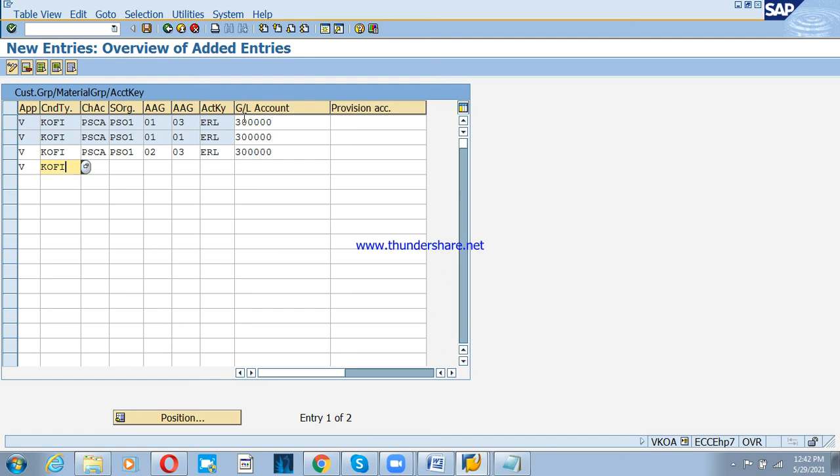Again, KOFI, PSCA, PS01, foreign customer, and trading goods. ERL, same. Okay, any revenue comes from maybe domestic or foreign, that can be seen in this particular ledger. Okay.